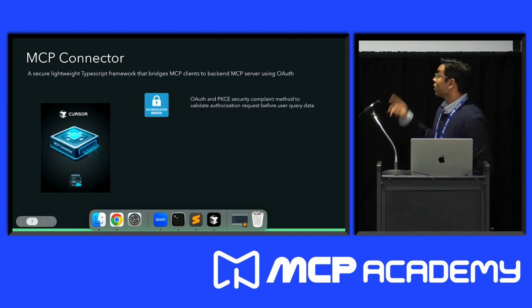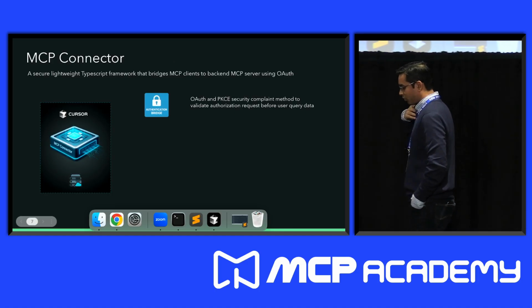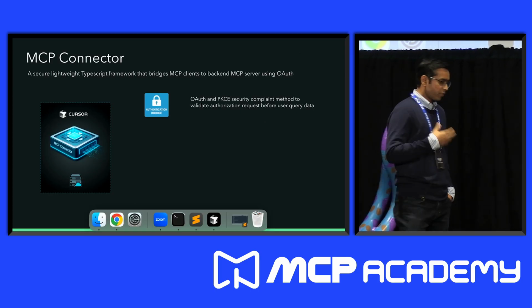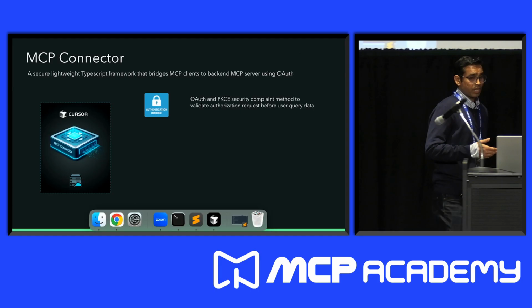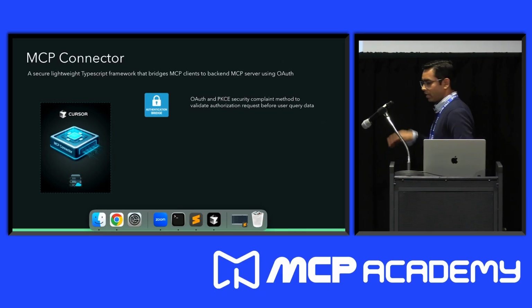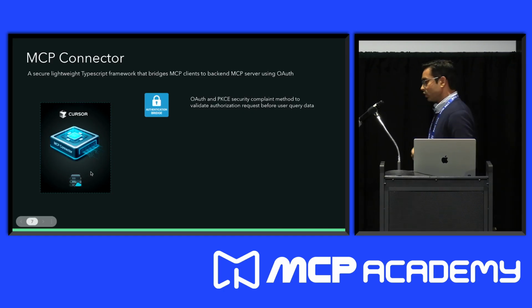The first point here is the authentication piece. This is one of the important features. We use the OAuth 2.0 and Proof Key for Code Exchange framework that most banking applications and some other high-security applications use. The way it works is, let's say you submit your prompt query. The connector will check your token. Do you have a valid token or not?